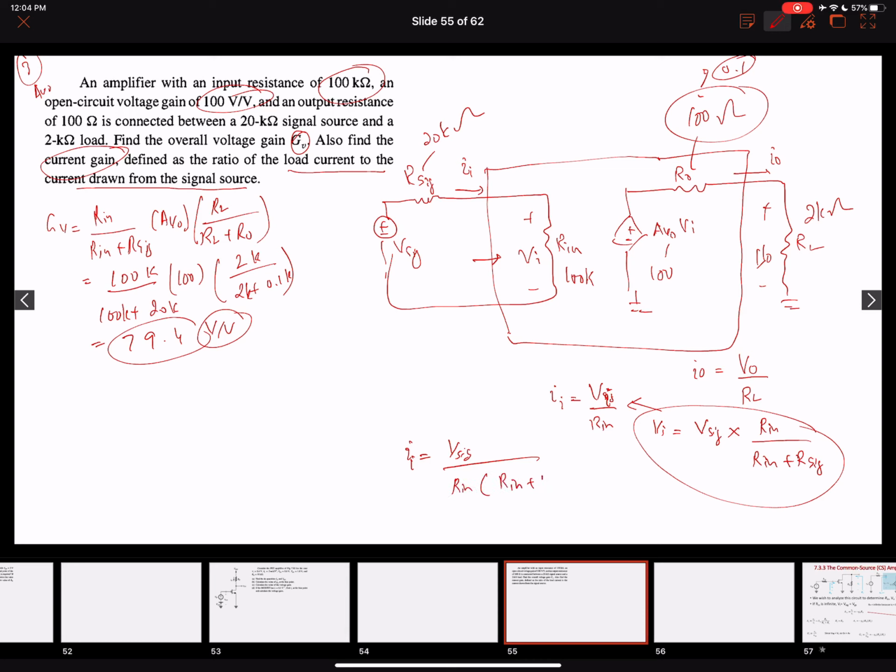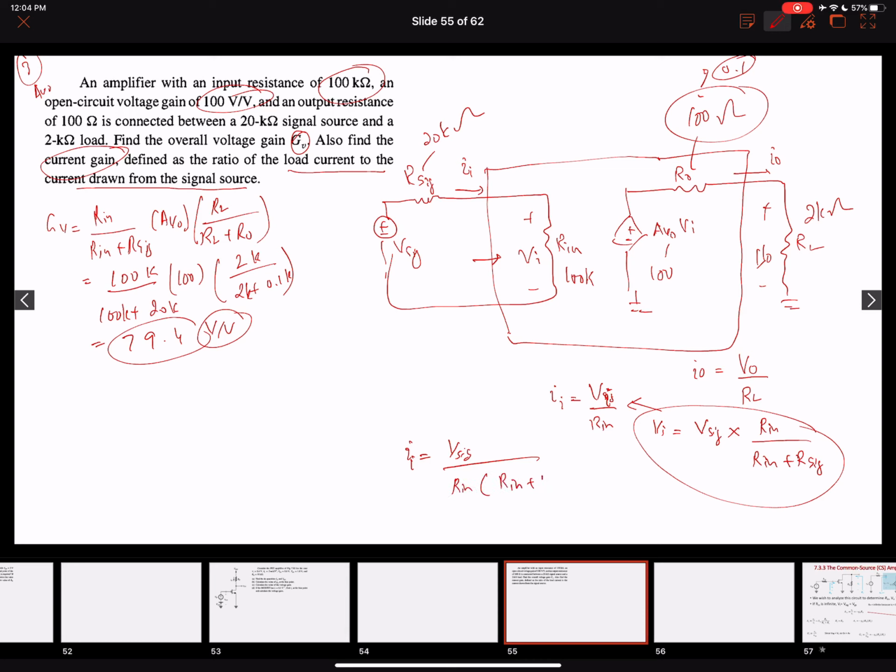You know that V naught over V sig, the output to the input that is fed to the entire amplifier circuit, is what we call the overall voltage gain. So this is GV times Rin plus R signal over load resistance. If you put down these values, what is the value of the current gain? 79.4 times the input resistance 100k plus signal resistance 20k, divided by load resistance 2k, right?